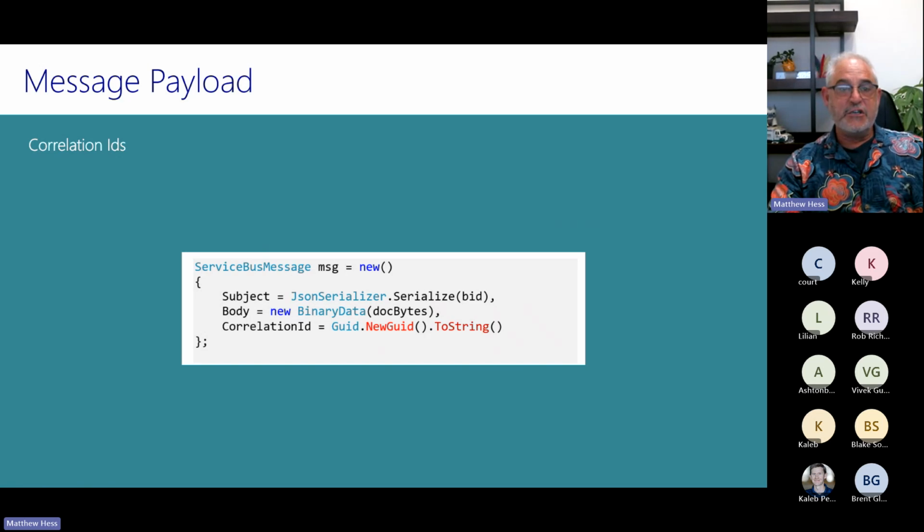What correlation IDs do is they allow you to log the journey across a distributed system. So imagine that e-commerce example where you've got an order intake processor and a financial system and a pick, pack, ship system, inventory adjustment, email notifications, all this stuff. Those are all separate services. And as long as you're using correlation IDs, it's really easy to see, okay, here's the journey of one person's order and all the places it went. And this is so important that Microsoft has enshrined it with a top-level property on Service Bus Message.